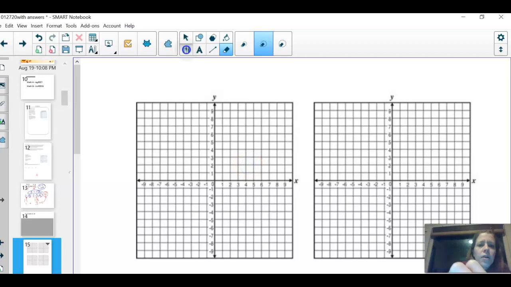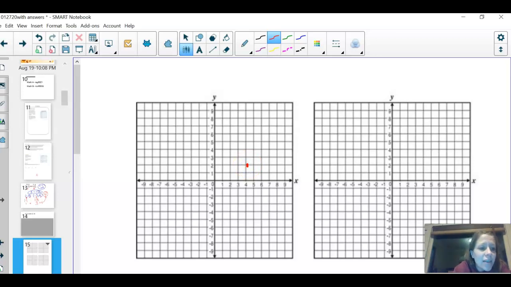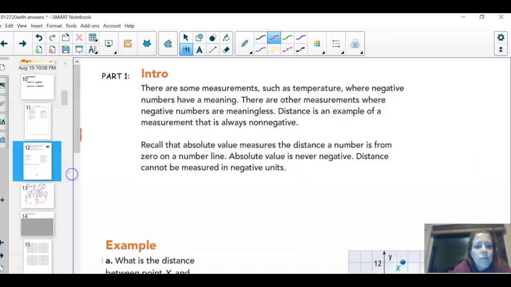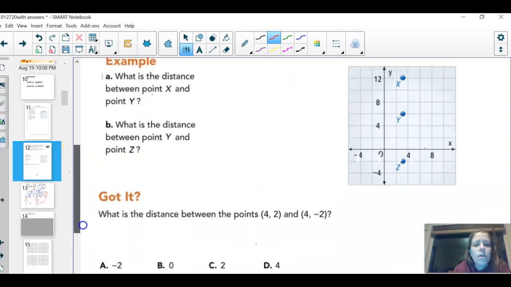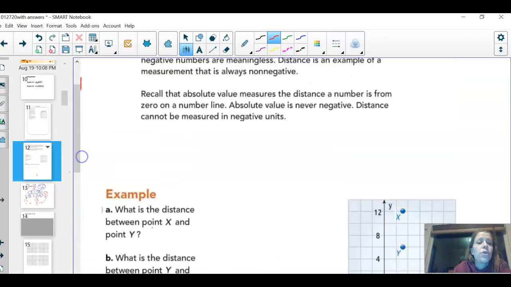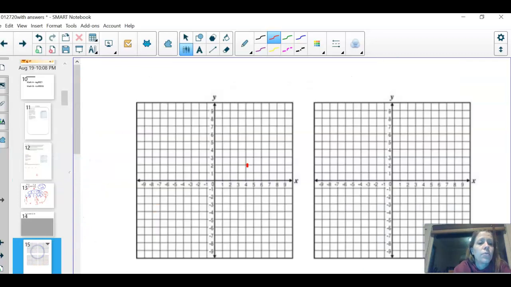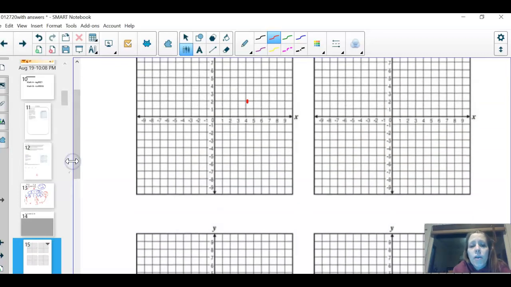It's right there. So 4, 2, a la derecha 4 y arriba 2. And I have to make sure I'm using the right number, sorry, 4, negative 2. So, a la derecha 4, pero abajo 2. Okay?